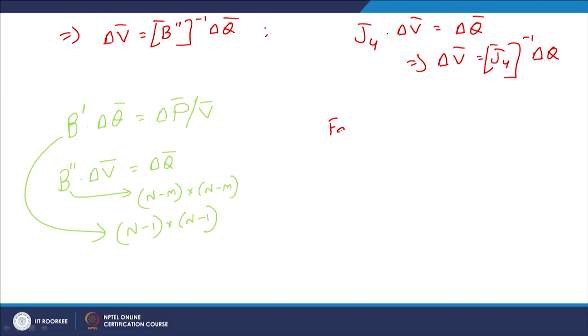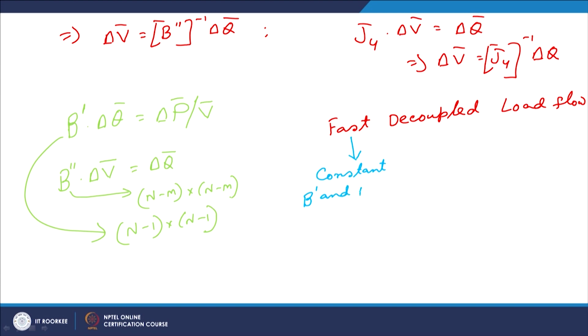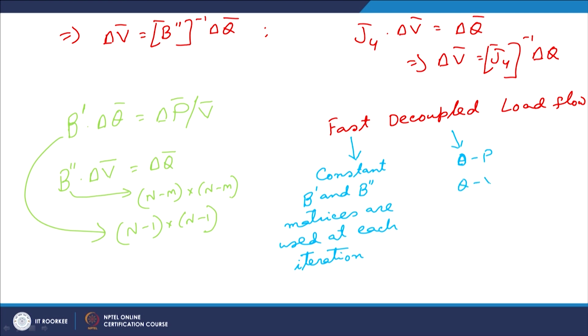It is fast because constant B dash and B double dash matrices are used at each and every iteration, and it is decoupled because it is following theta P and QV decoupling.